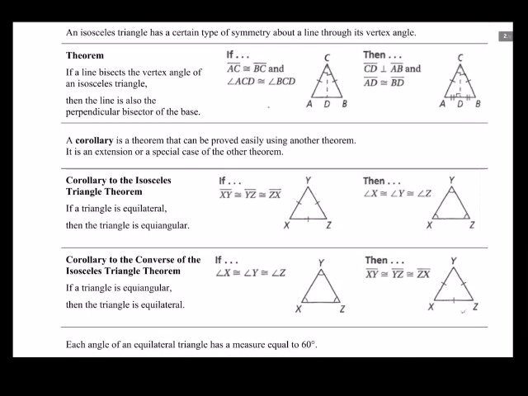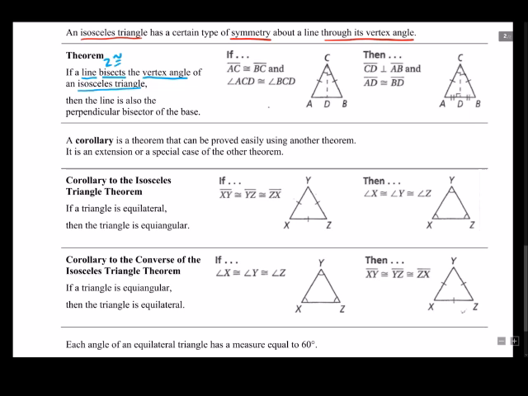Now, an isosceles triangle is special. Isosceles triangles have symmetry about a line that goes through the vertex angle. This says if a line bisects, every time we see that word, bisects the vertex angle of an isosceles triangle.